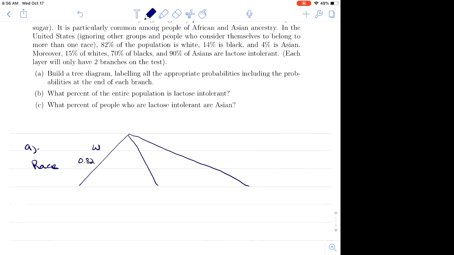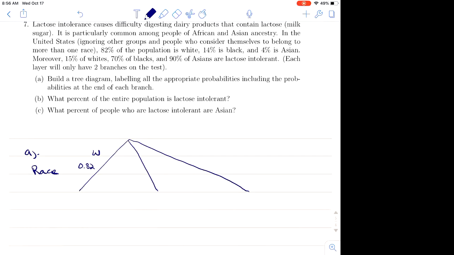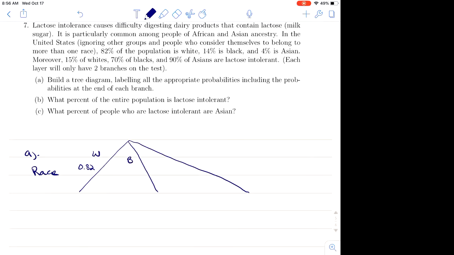Then pulling out a black person, 0.14, pulling out an Asian person, 0.04. We can double check, right, that if we add these probabilities all up, the total should be 1, right? Because all our branches look at all the possibilities. Okay. I mean, not technically, but for this example, it does.